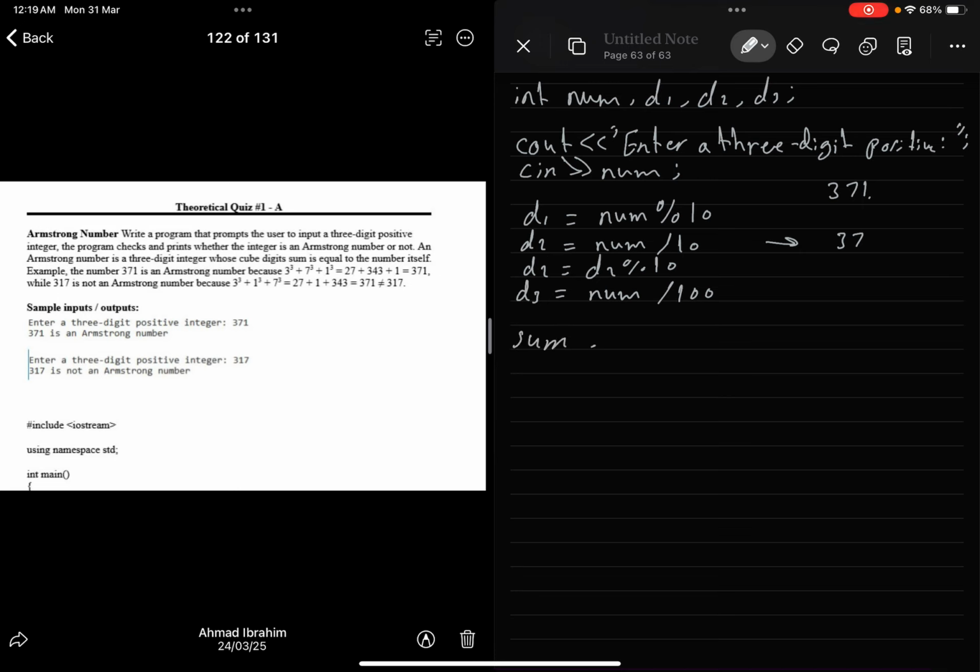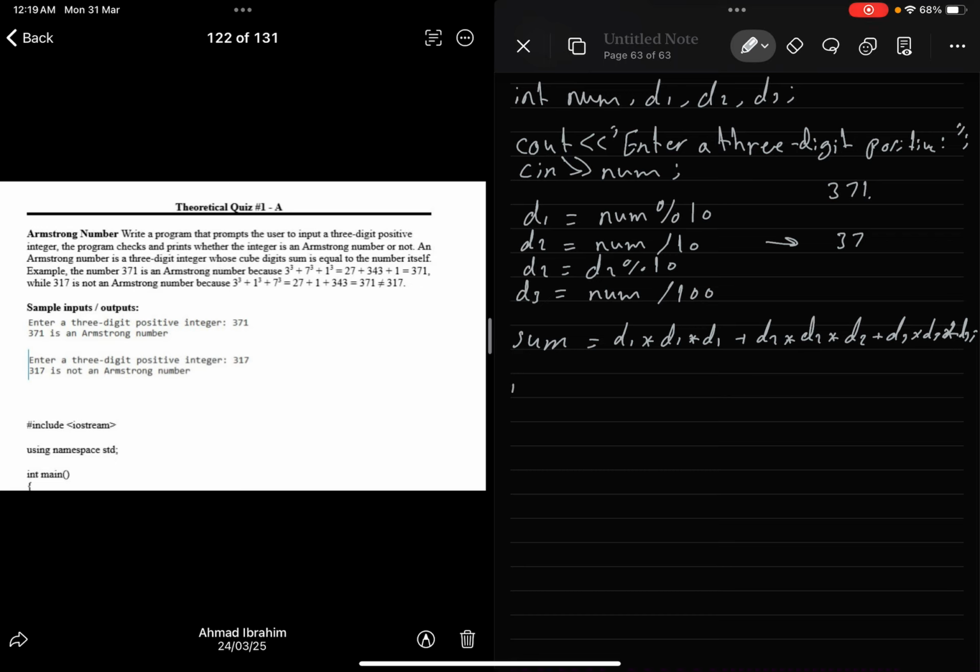And then we have to write the sum, which is D1 times D1 times D1, the first digit cubed, plus D2 times D2 times D2, plus D3 times D3 times D3.